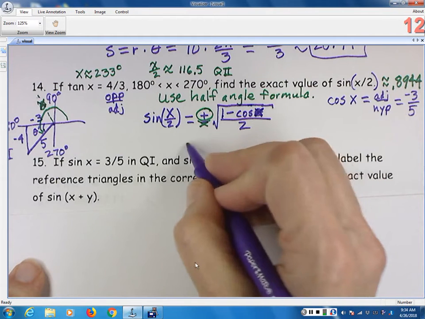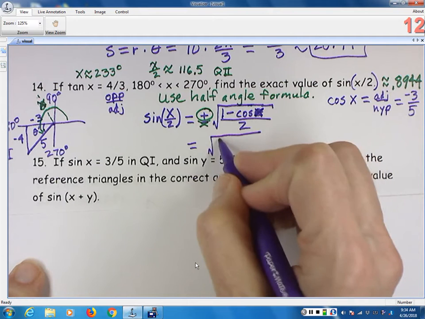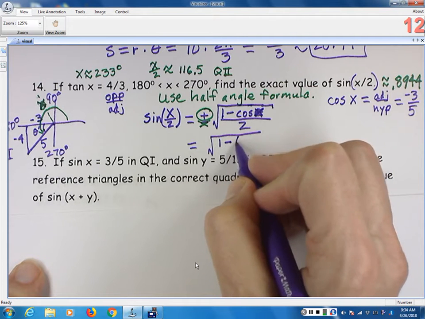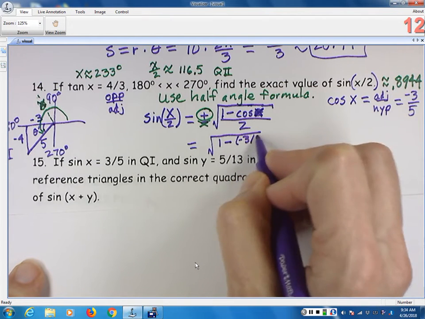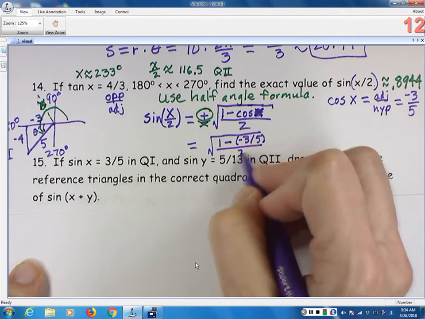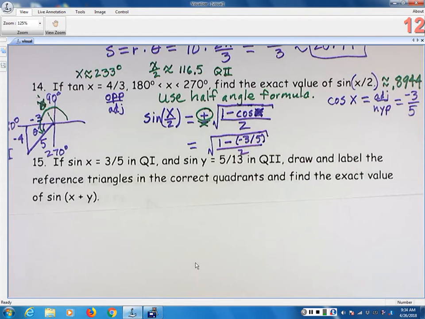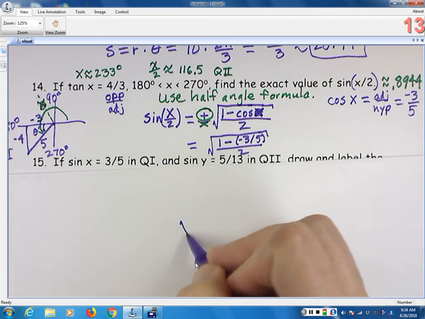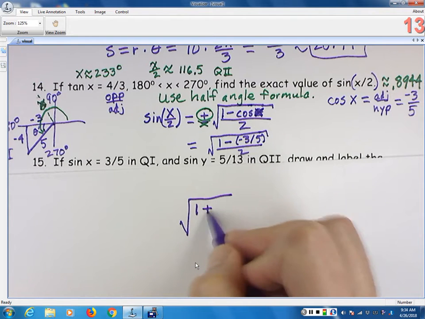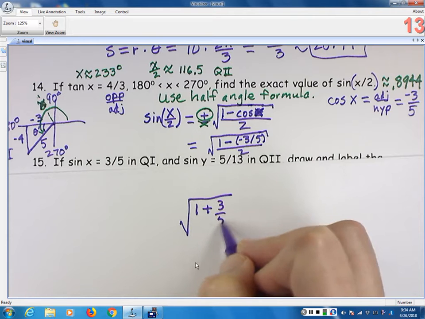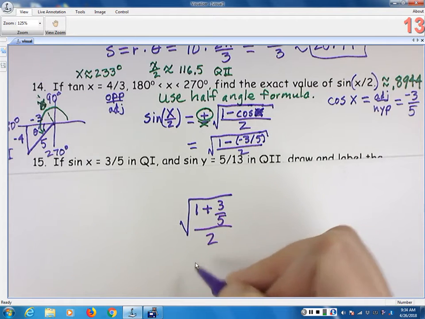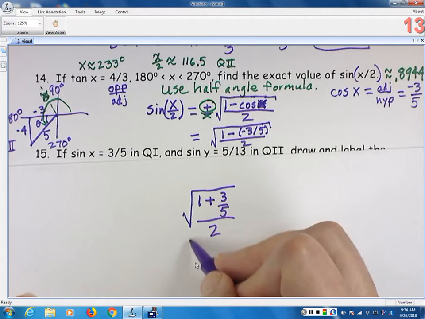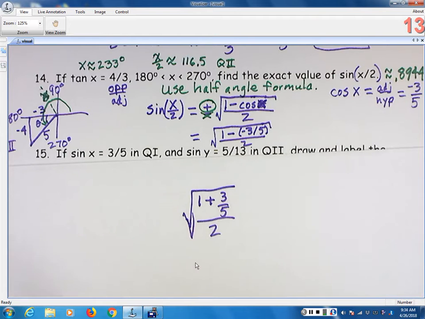Okay? So we're just going to plug that in here. It's going to be the square root of 1 minus -3/5, divided by 2. And now you have to simplify that. So it's the square root of 1 plus 3/5 over 2, with the whole thing under the square root.